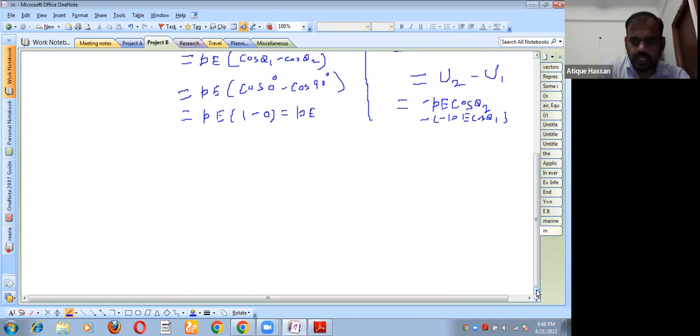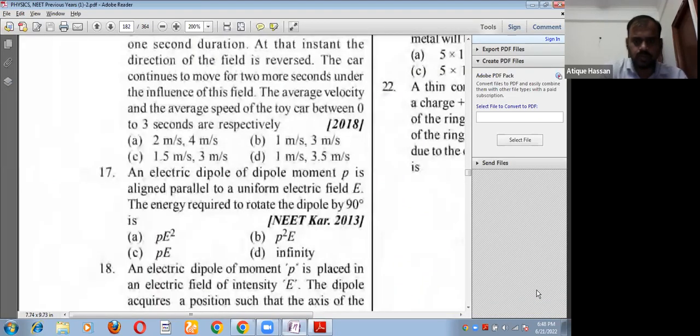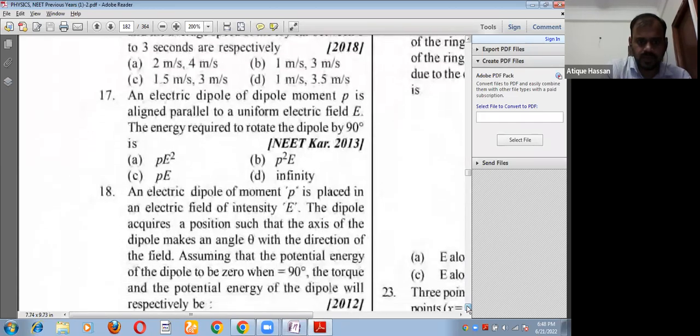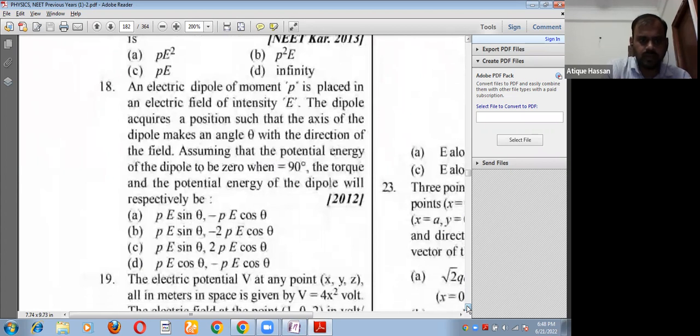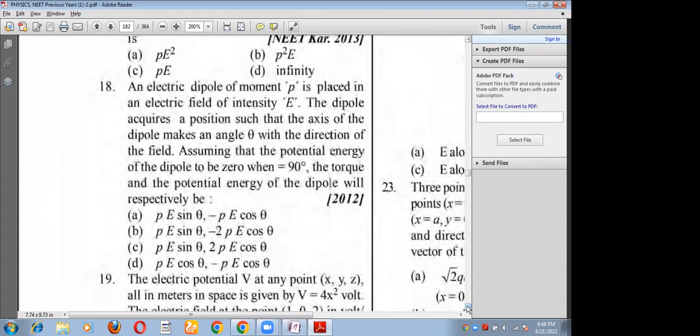So, moving to the next question. This is also the same kind of question. So, you go through this question and give me some idea how to solve it. It's NEET 2012. You're preparing for NEET, right? No, sir, JEE.